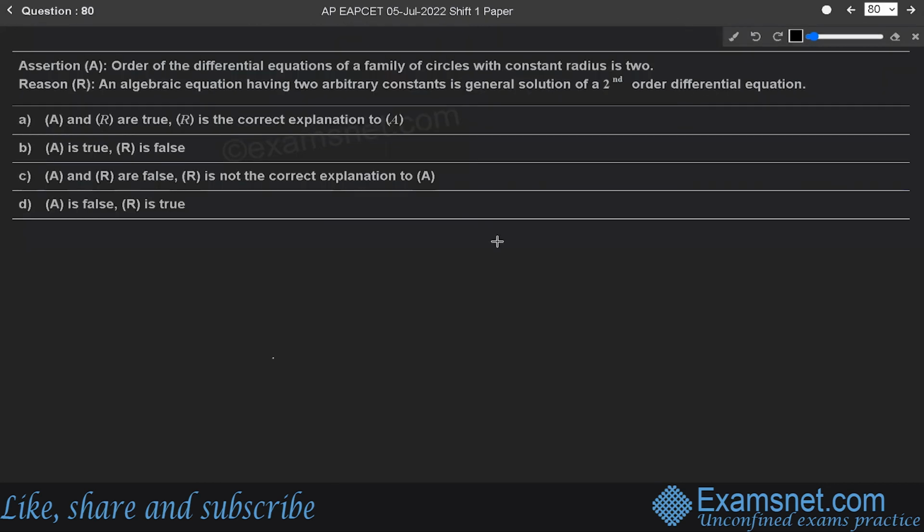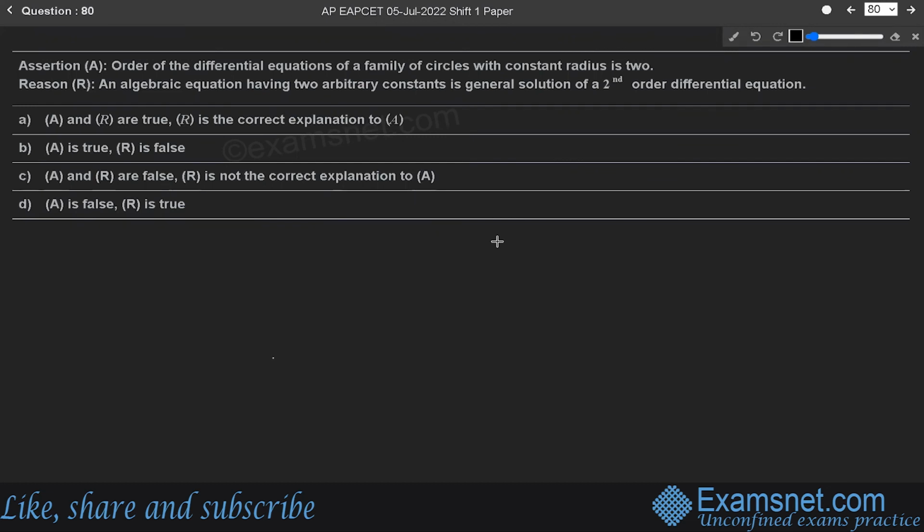Next question is, assertion is given, which is: order of the differential equation of a family of circles with constant radius is 2. And the reason is: an algebraic equation having two arbitrary constants is the general solution of a second order differential equation. We know that in this given question, the assertion is true that the order of the differential equation of a circle with constant radius is always 2.